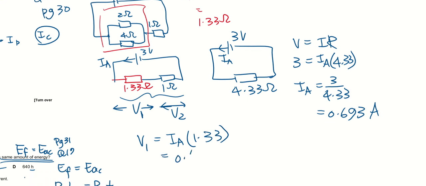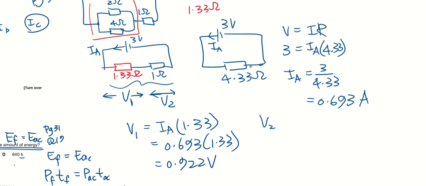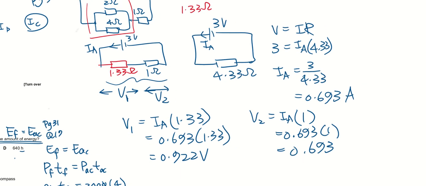So 0.693 multiplied by 1.33, I get something like 0.922 volts. How about V2? V2 will also have the same current of IA passing through it, multiplied by 1 ohm. So 0.693 multiplied by 1, and that will give me a value of 6.93.